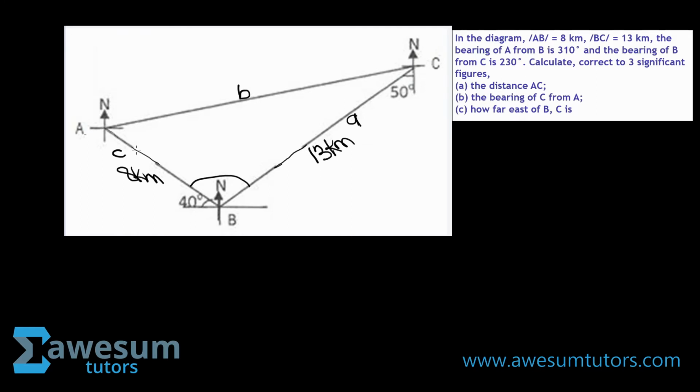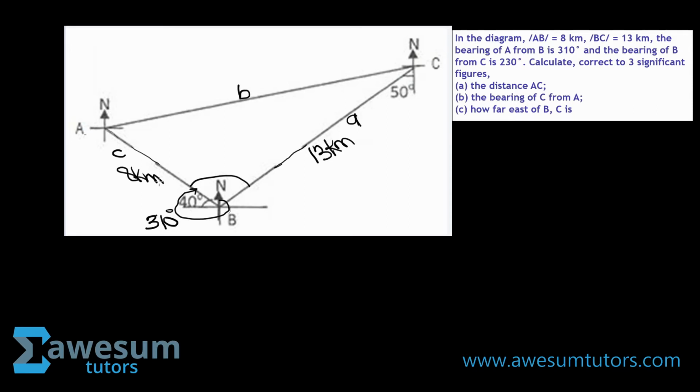This is the line that connects A and B. It says the bearing of A from B, so go to the north pole of B, and then draw the angle in a clockwise direction until you get to the line connecting A and B. So from here to here is 310 degrees.